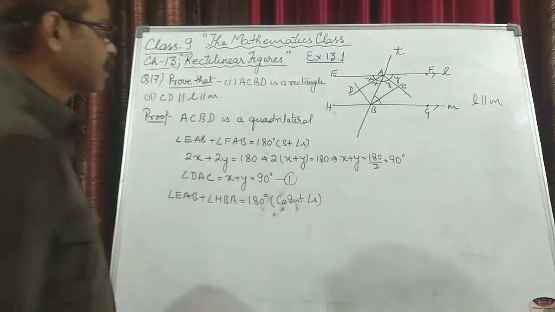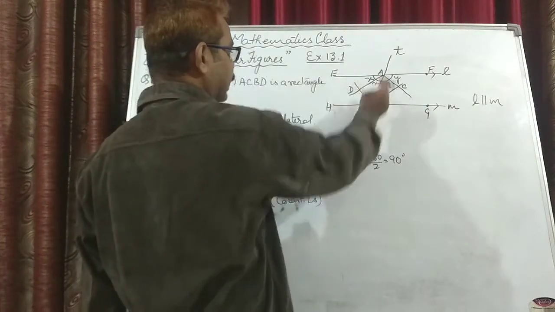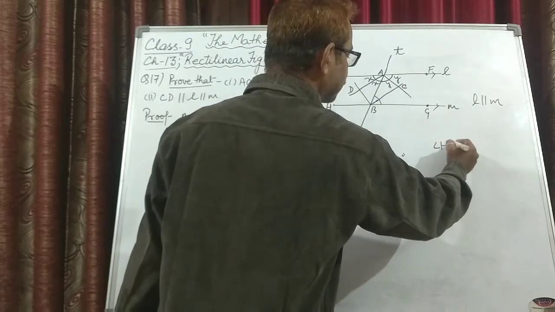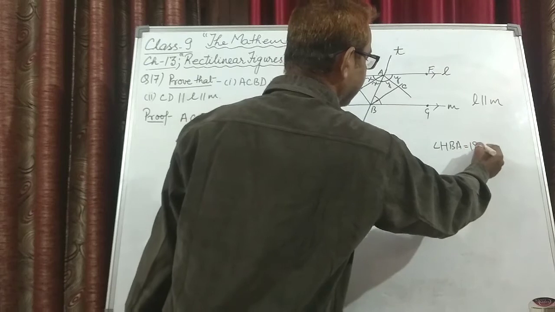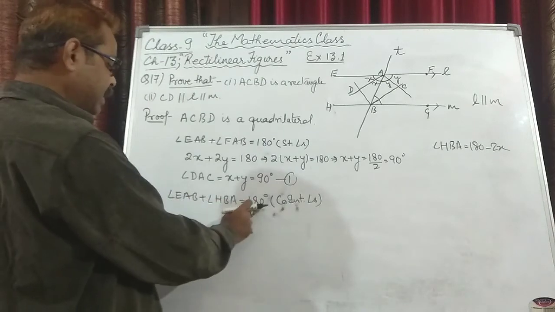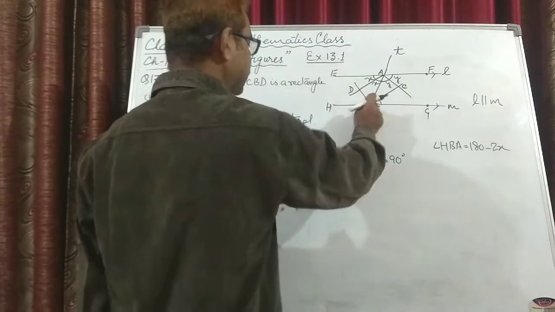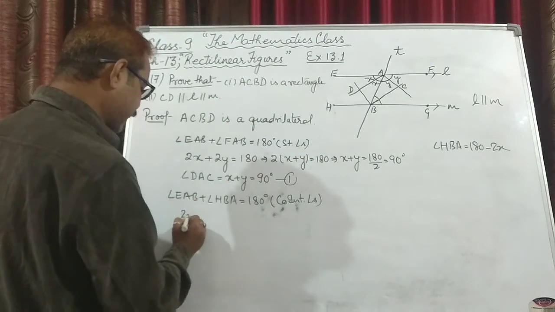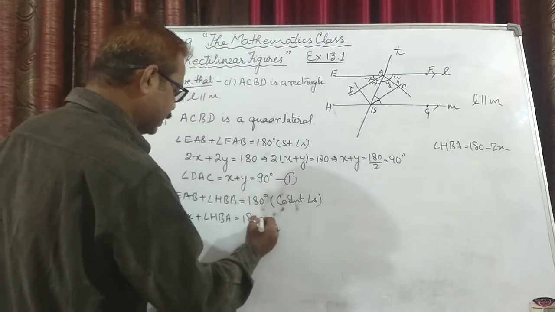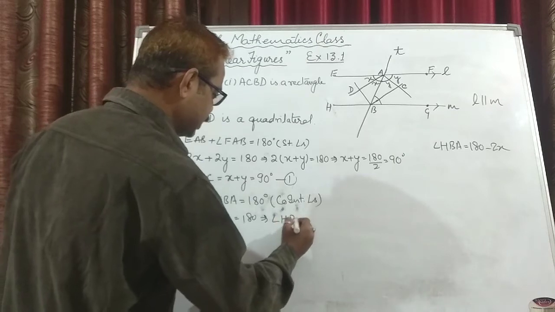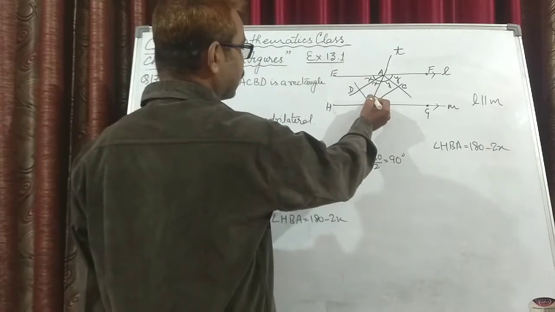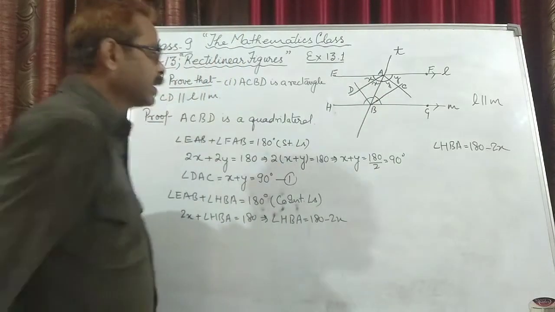Now if EAB is 2x, then obviously angle HBA will be 180 minus 2x, because the sum of these two angles is 180. EAB is 2x, so 2x plus angle HBA is equal to 180, which implies that angle HBA is equal to 180 minus 2x. This total angle will be 180 minus 2x.